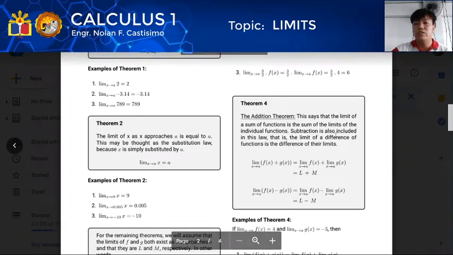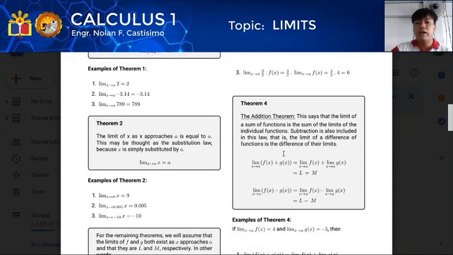Subtraction is also included in this law. That is, the limit of a difference of functions is the difference of their limits. Okay? So, kapag sum of the limit, of course, yun yung sum ng individual functions or terms. And then, dito sa Theorem 4, included na yung subtraction. So, the limit of a difference of a function is the difference of their limits.